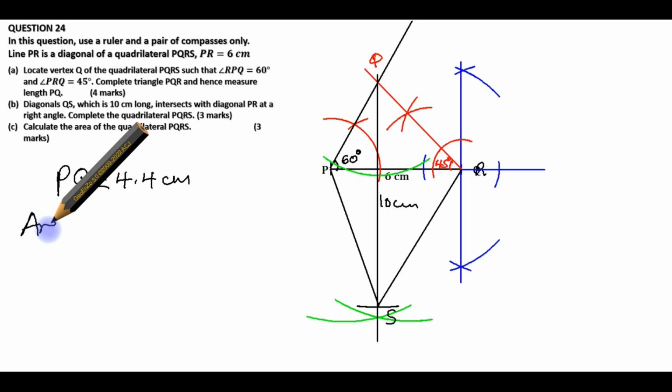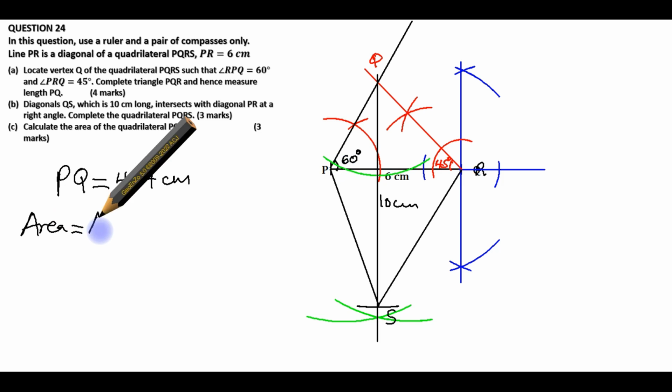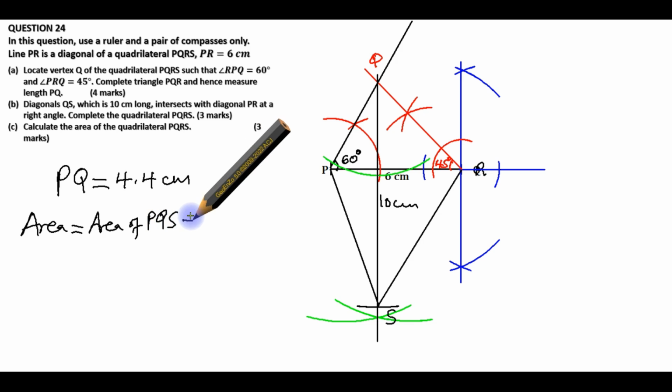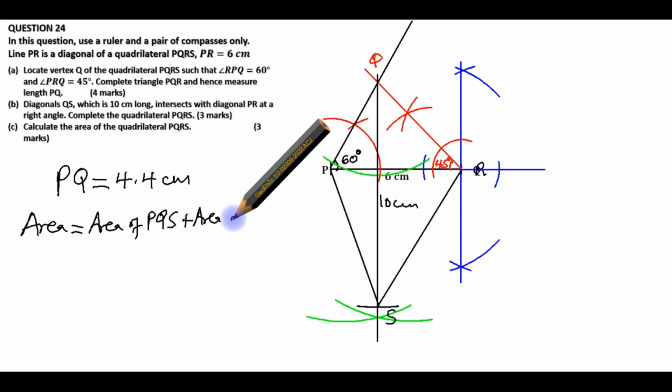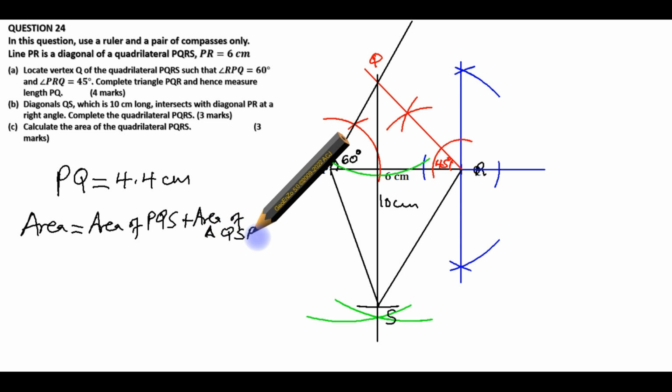So for the area, we can just subdivide it into two triangles such that area of triangle PQS plus area of triangle QSR.